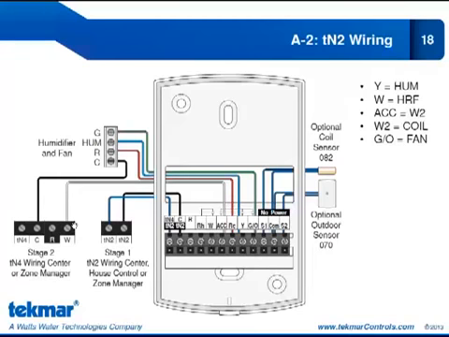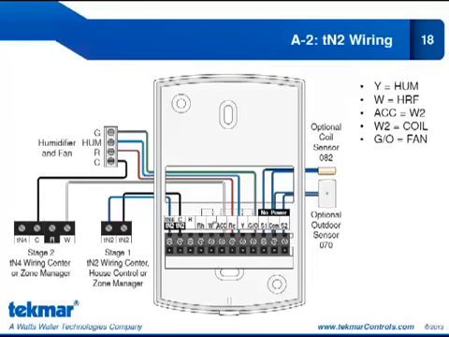Now this is a little bit different. In this case, we leave the R empty. And we're going to bring the C to the C at the air handling unit to complete the circuit. So a little bit different in this case because we're not connecting anything to the R, which is what we normally do for this type of application.